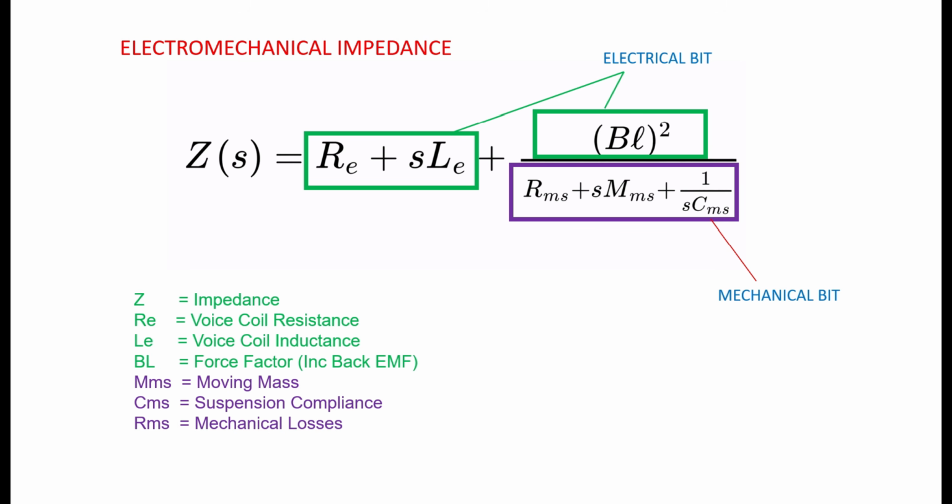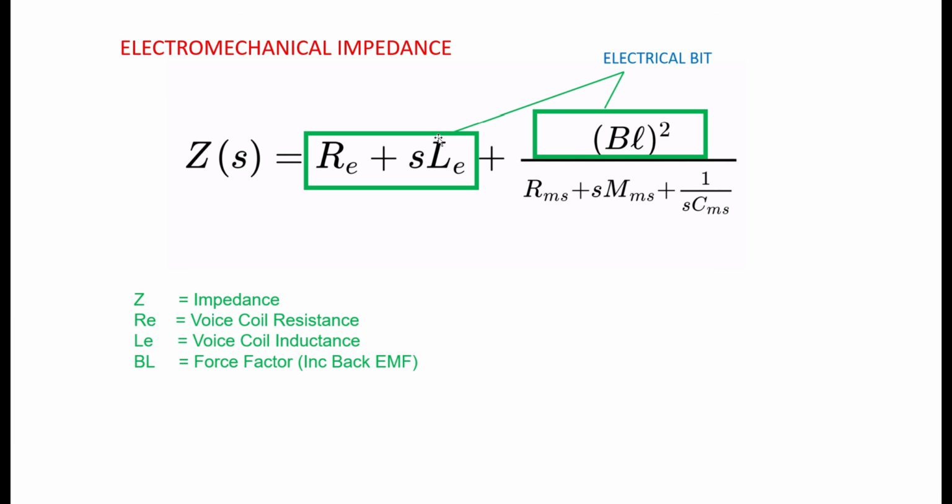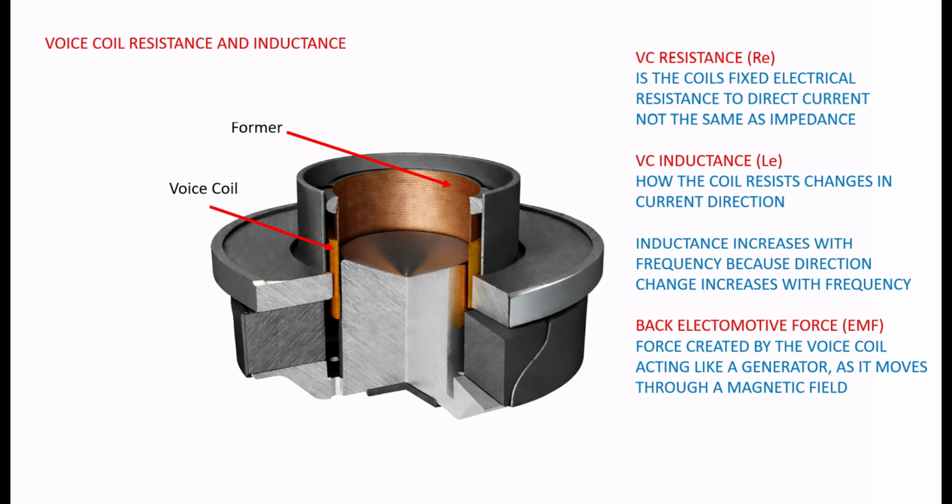And so first of all, I just want to look at the electrical bits, and I will come back to the mechanical bits later. So impedance from an electrical point of view is made up of the voice coil resistance, the inductance of the voice coil, and the motor force squared, which equals a term called back EMF. But let me explain these terms again.